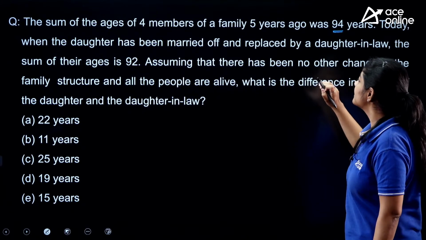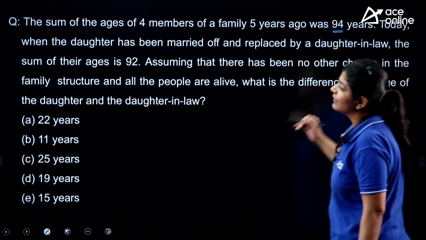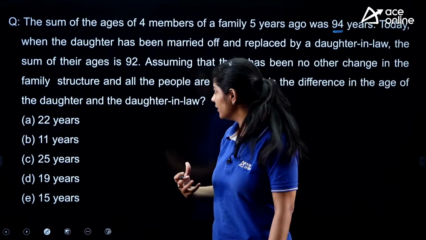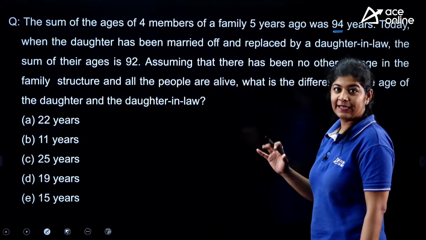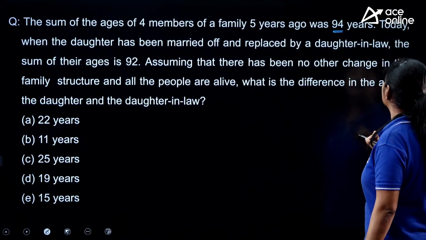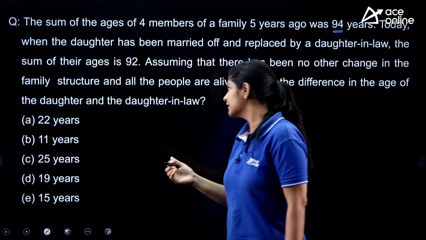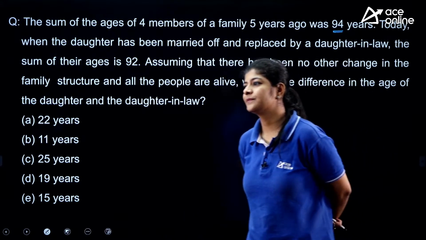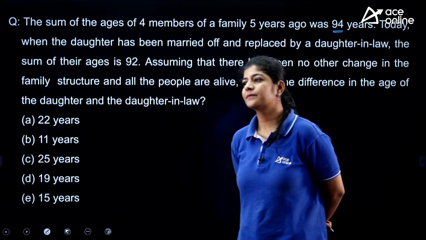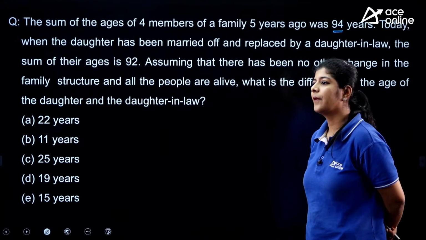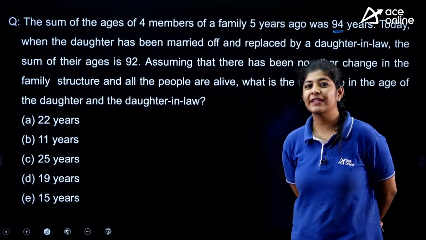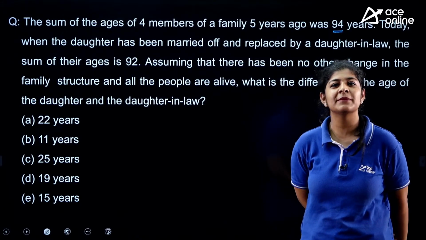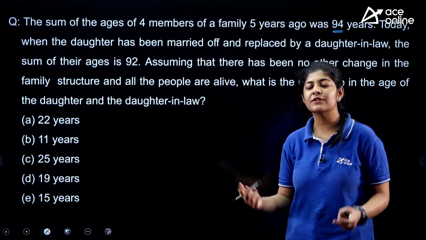Assuming that there has been no other change in the family or in the family structure and all the people are alive, what is the difference in the ages of the daughter and the daughter-in-law? It's a very easy one. All you have to do is simply subtract the values and you will get the answer.